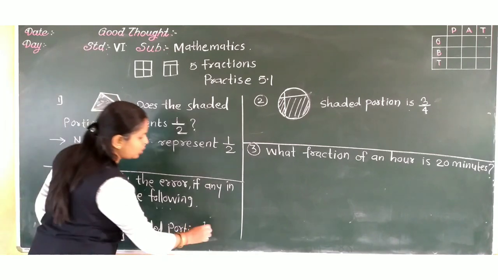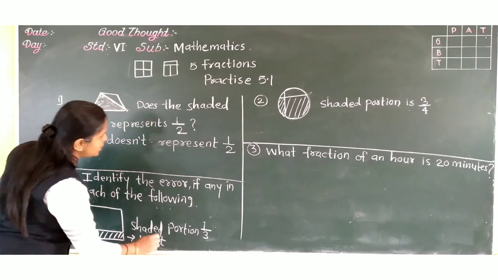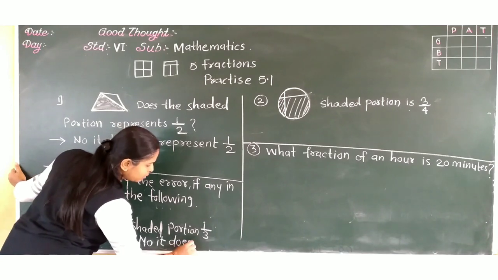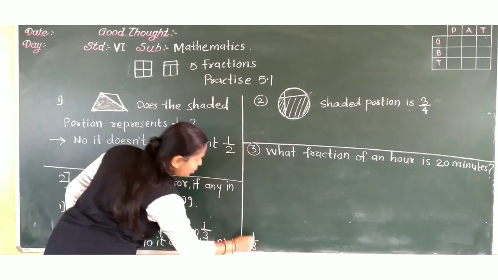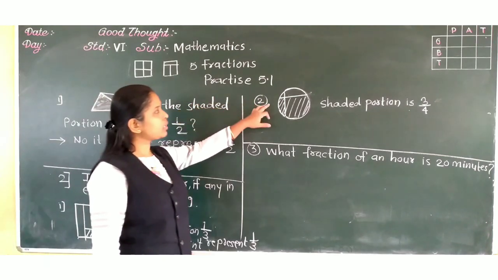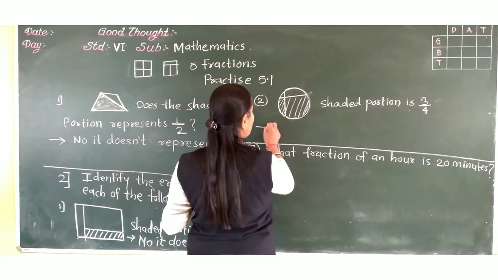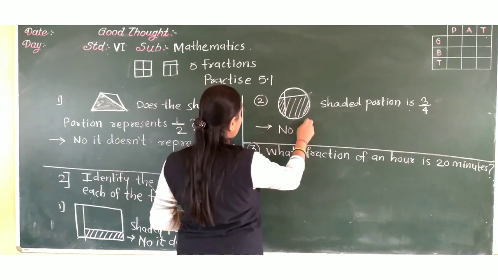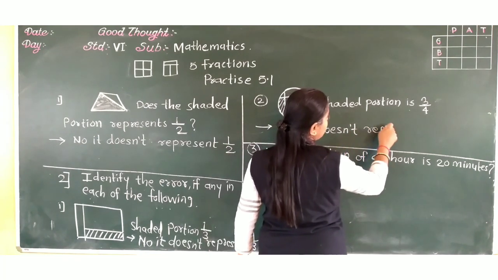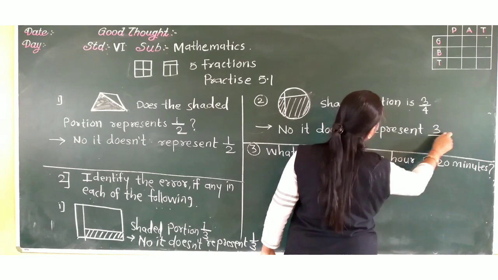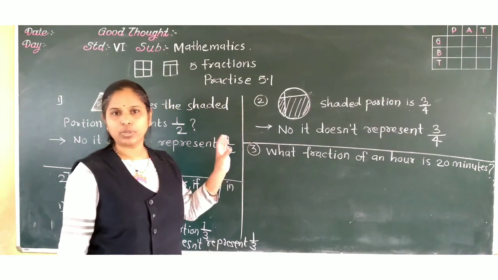No. Again the answer will be no, it doesn't represent 1 upon 3, as it is not equally divided. Okay.